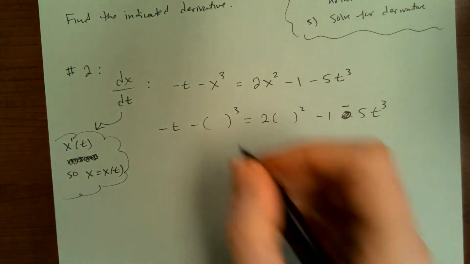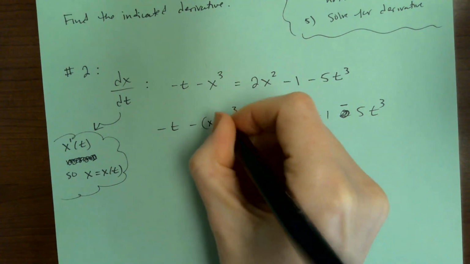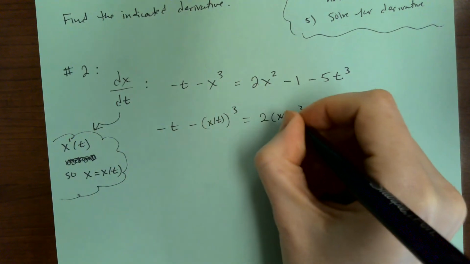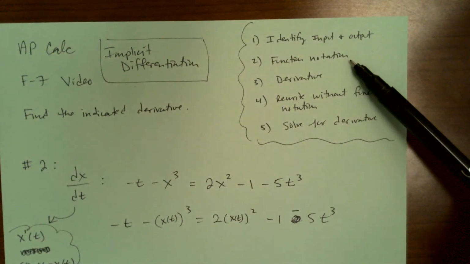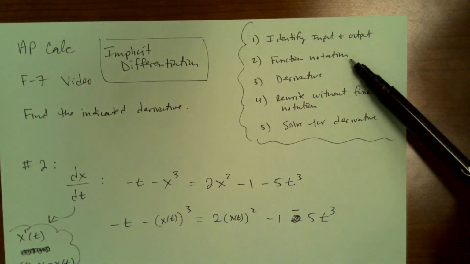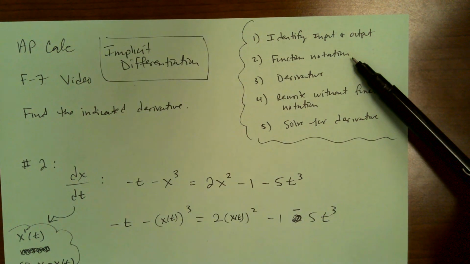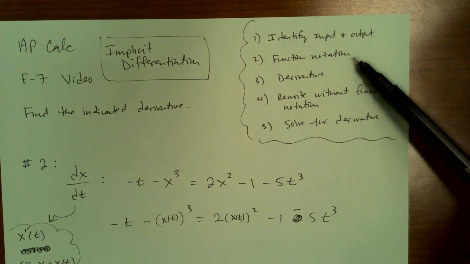I'm going to put in there instead an x of t. This is important to do because we're going to need to use chain rule to find the derivatives of those terms. So the whole reason we do this step 2 is so that we can see very clearly where we're going to use chain rule and where we're not.